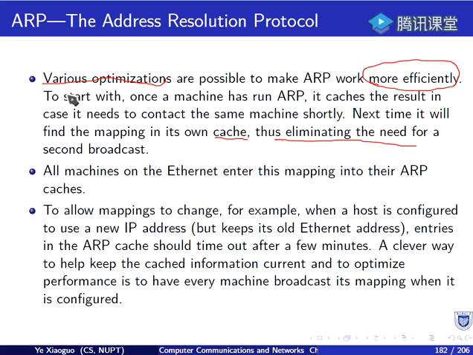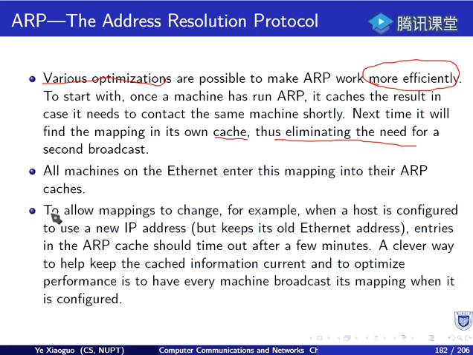So this is one optimization method. All machines on the Ethernet enter this mapping into their ARP caches.